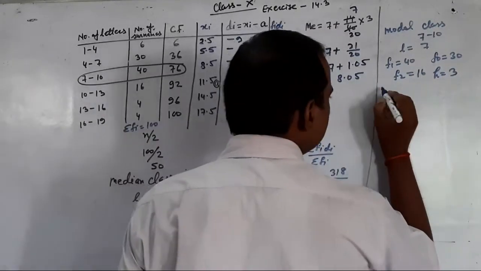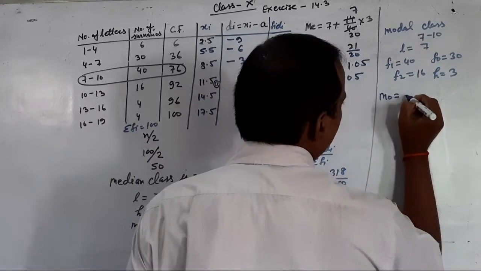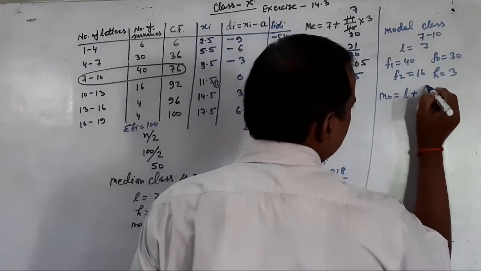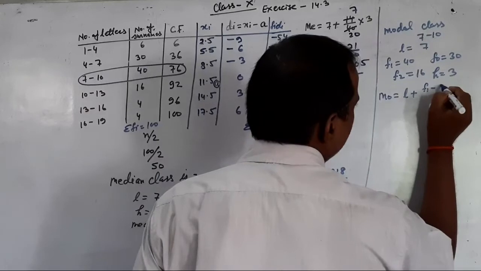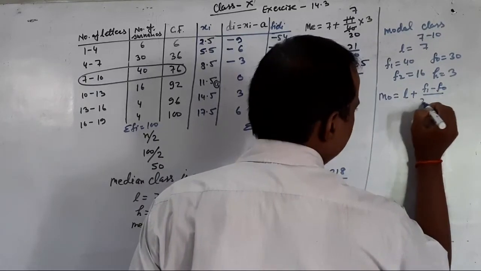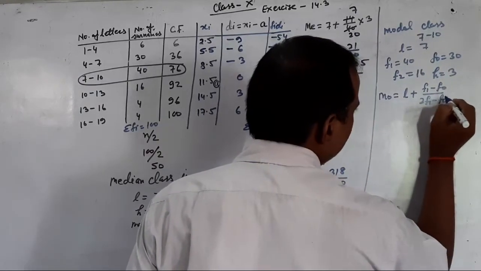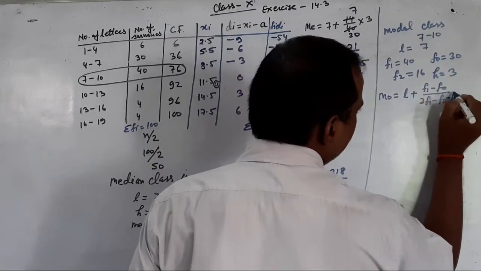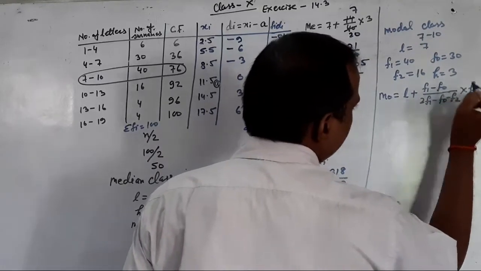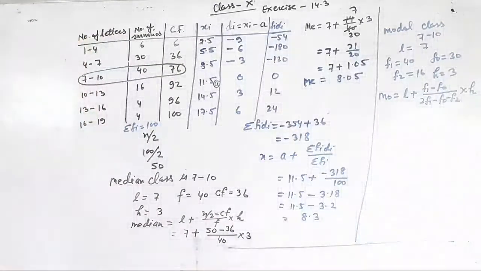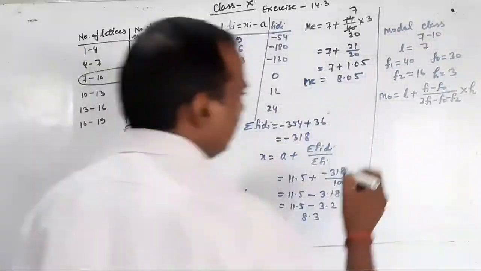Here mode equals L plus (f1 minus f0) by (2f1 minus f0 minus f2) into h. Now we have to put the values.